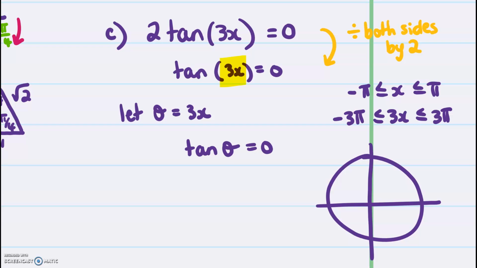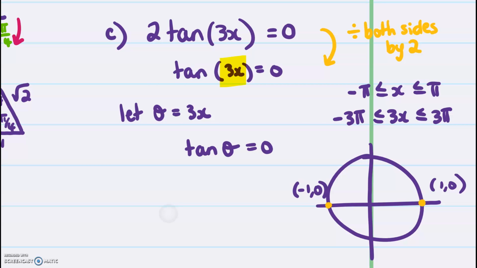So to get tan of an angle equaling 0, it must either be this point here or this point here. And the reason is tan is y over x. 0 divided by 1 is 0, and 0 divided by negative, sorry, I've put that around the wrong way. 0 divided by negative 1 is also going to give you 0.